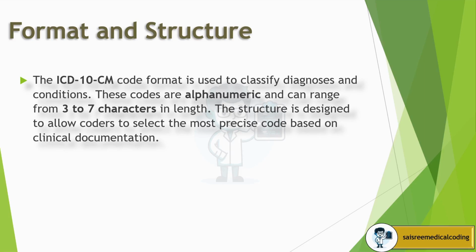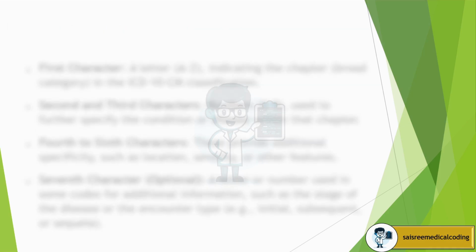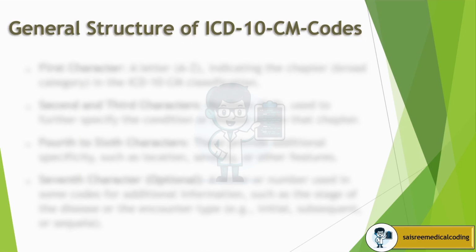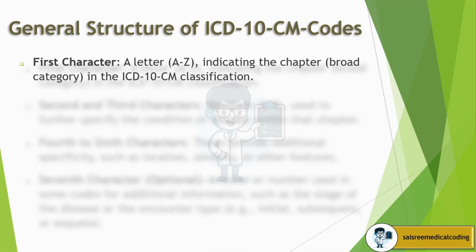And structure means we will use the most precise or most specified code based on the condition documented by a doctor. Okay, we'll see the format and structure examples here. We are having some general structure examples. The first character is a letter A to Z indicating the chapter in the ICD-10-CM classification.